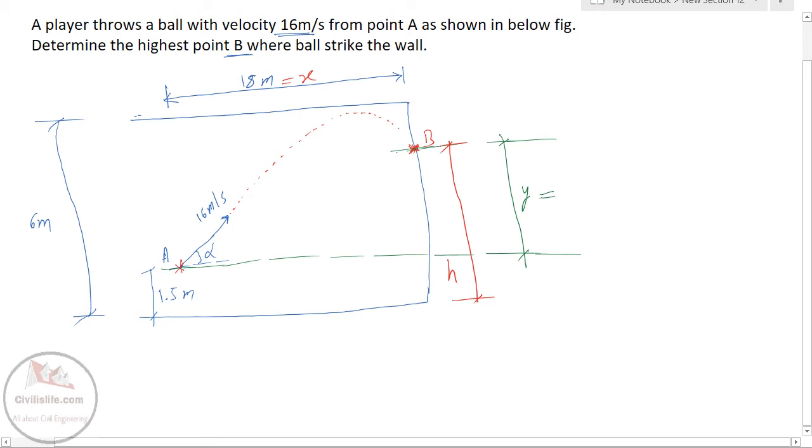So what is this y? From here to here it is h. Out of this h I have to deduct 1.5. So it is h minus 1.5. So y is also known to us.